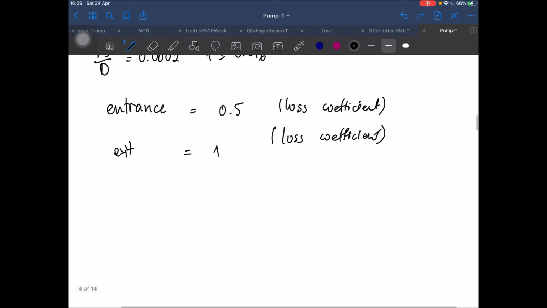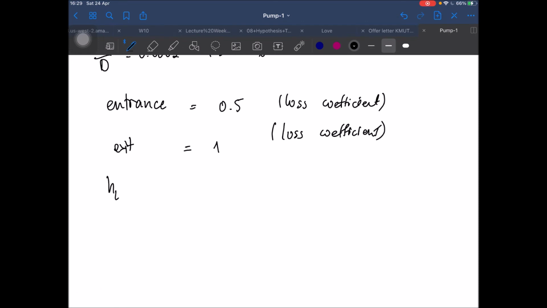Then we have the HL. So HL here equals (F L over D plus 1.5) V squared over 2G. So this is another new formula again.